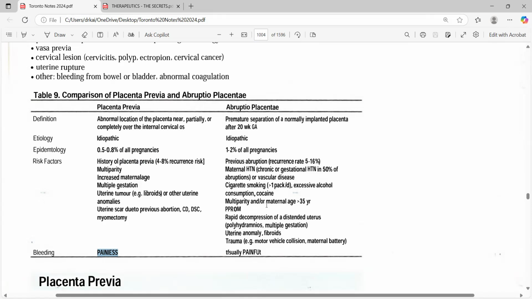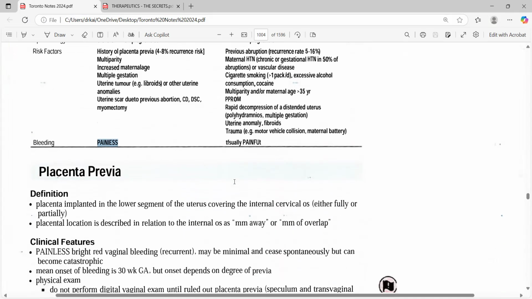Abruptio placenta could be painless, but it's usually painful. But if they are checking you in the exam and they give you a scenario looking for abruptio placenta, they will tell you it's painful. They will not put painless, because painless is mainly placenta previa. So in the exam they won't make it complicated for you.